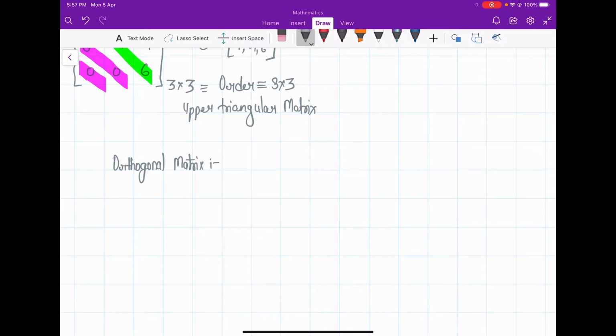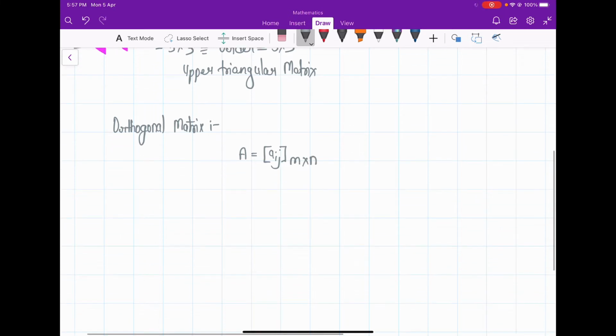As you know, if A is a matrix of entries a_ij of order m cross n, the transpose of A will be denoted as A^T.